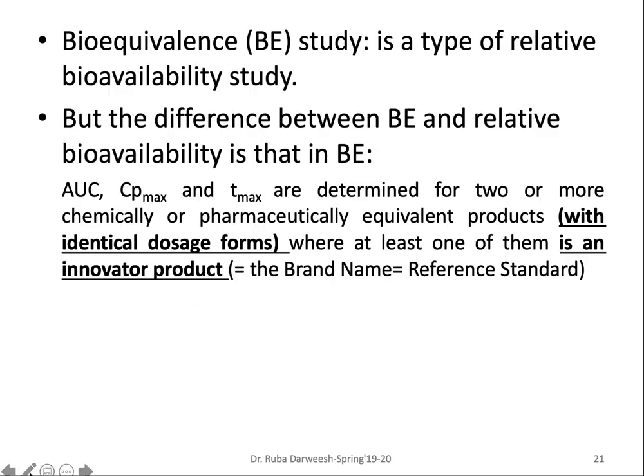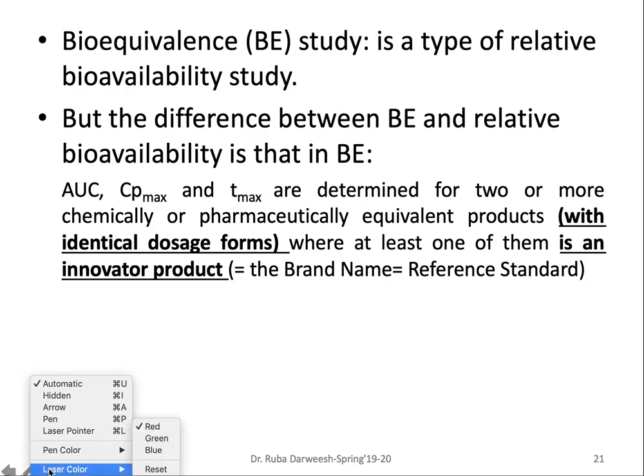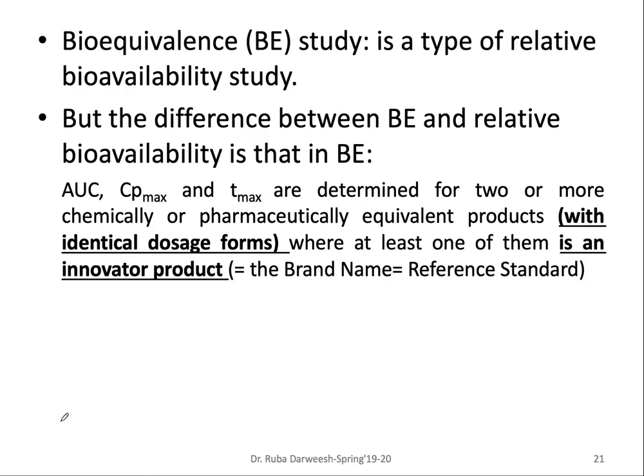The bioequivalence study: we said that we need to determine if two products are bioequivalent. It's a type of relative bioavailability study in which we compare the kinetic parameters for different products, but they are for sure equivalent products.